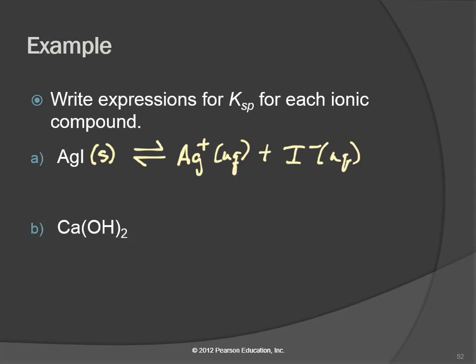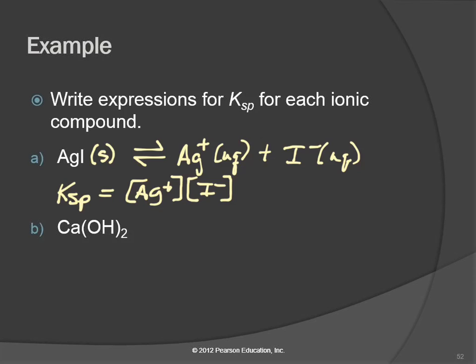There's that whole nomenclature thing coming back. So Ksp is products over reactants, but the reactant is a solid. So we've got silver ion concentration times the iodide ion concentration. And that's the expression.